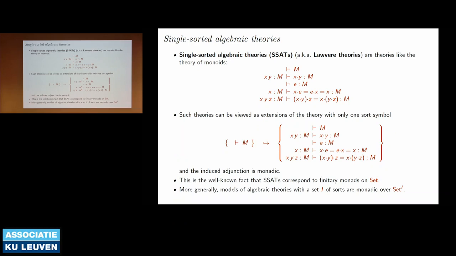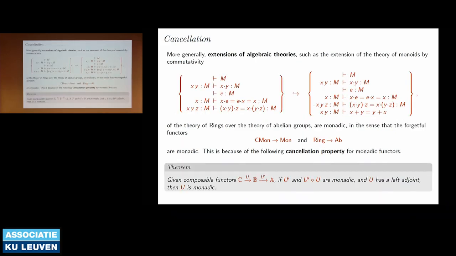And that also works for many-sorted algebraic theories. So if we have an algebraic theory with a set of sorts I, then the models will always be monadic over Set to the I. And one thing that is slightly less well known, and I also only learned about half a year ago, I think, is that by a simple cancellation property, arbitrary extensions of single-sorted algebraic theories are monadic.